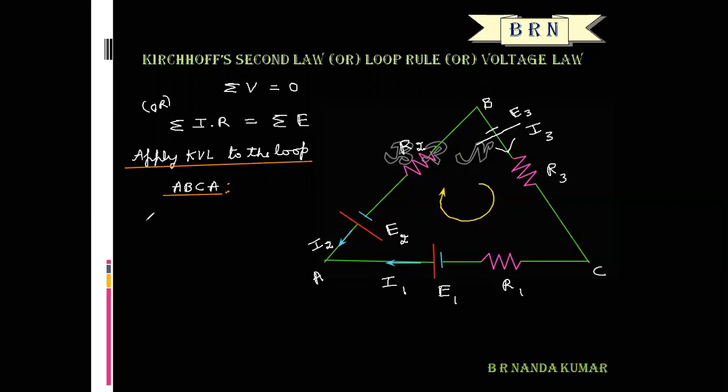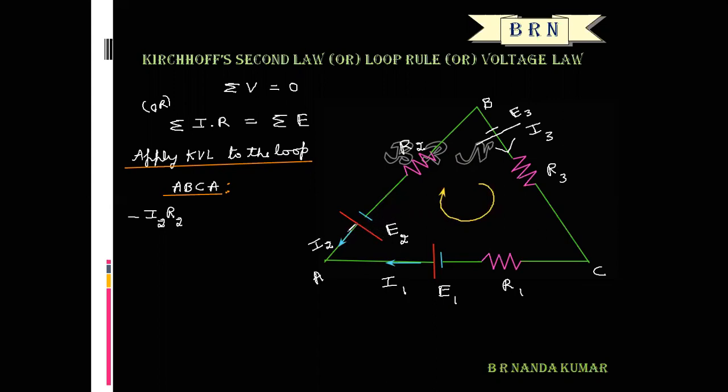So the product of current and resistance in the branch BA, I2 R2, is taken as negative, because the indication is clockwise but the current flowing is anti-clockwise.